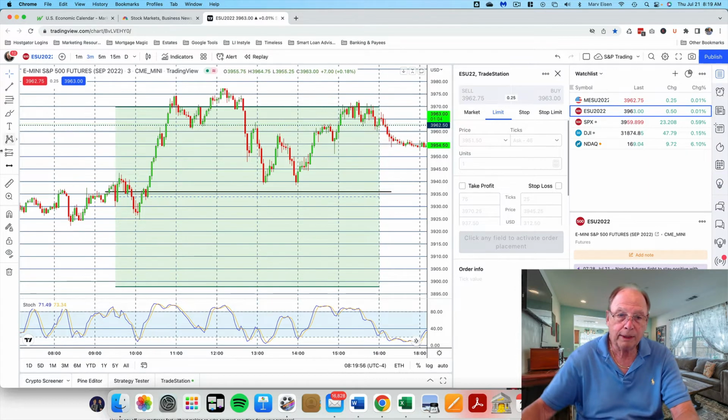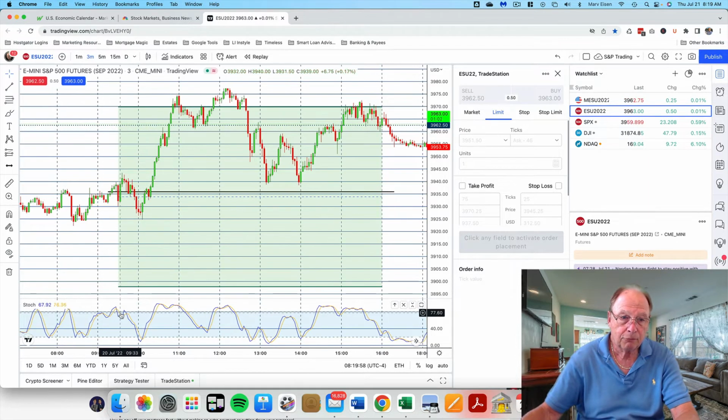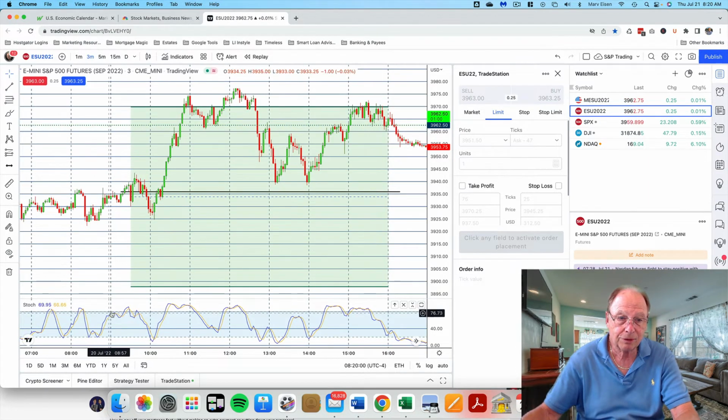I only use one indicator, stochastics. A relatively fast stochastic down here, okay? So that's my only indicator. Stochastic is the only indicator that has some semblance of a forward-looking indicator, so I only use that. I use it in conjunction with price action to confirm price action.